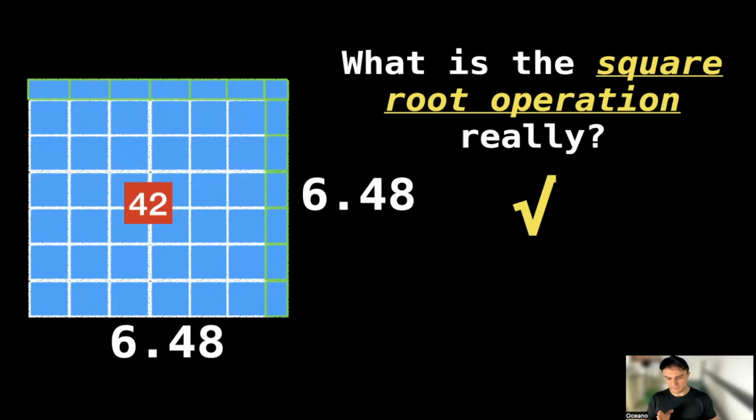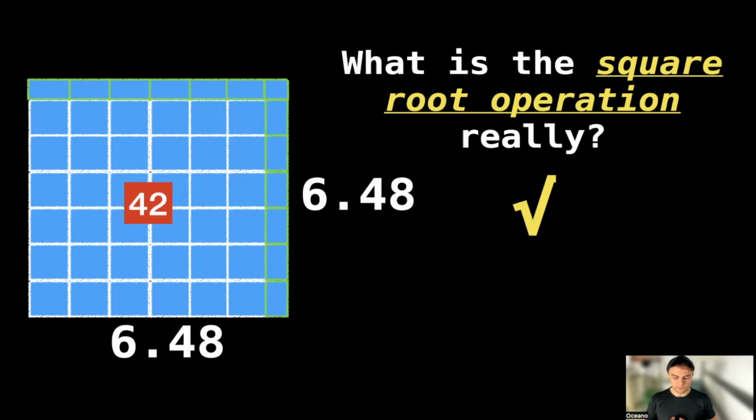And then I have on the sides 12 rectangles of roughly 0.5. So the value is going to be roughly 6, right? It's 0.48 times 12 plus 36 plus a little chunk. As you can see, there is a little square on the top right, just to fill the gap. And this is 42. This is the area of this square.